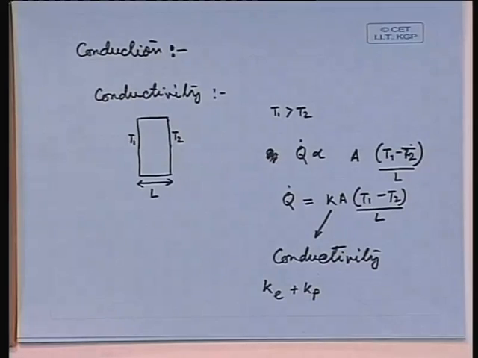And obviously, in the case of metals, K electron is much higher, and that is why it is interesting to know that if we know the resistivity or electrical conductivity of the metals, there are physical laws by which it can be correlated with the thermal conductivity of the metal. So, there is some sort of a correspondence between the electrical conductivity and the thermal conductivity.